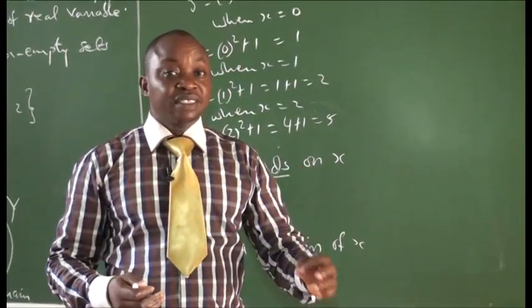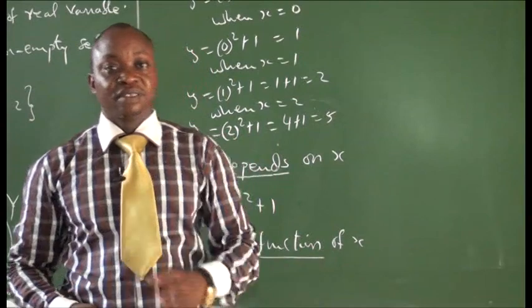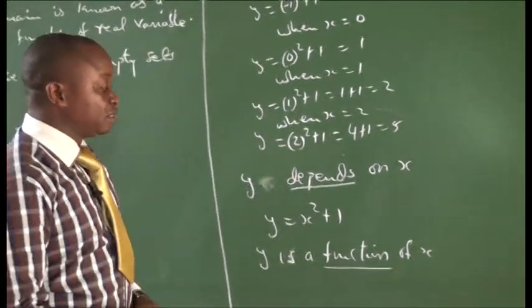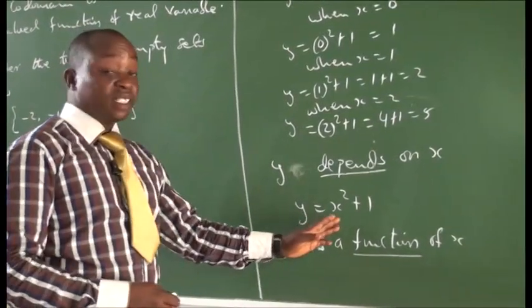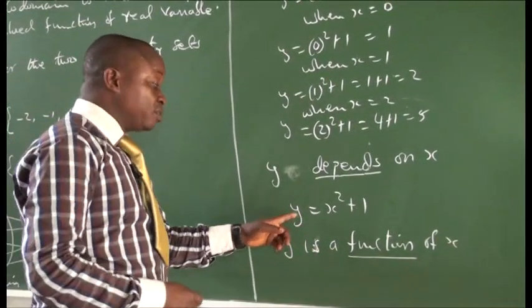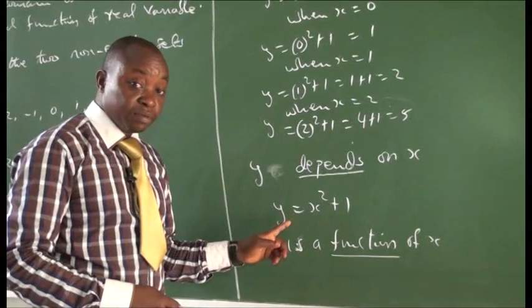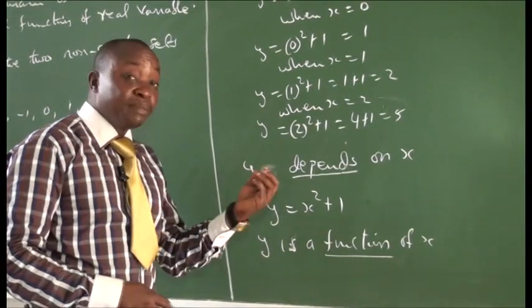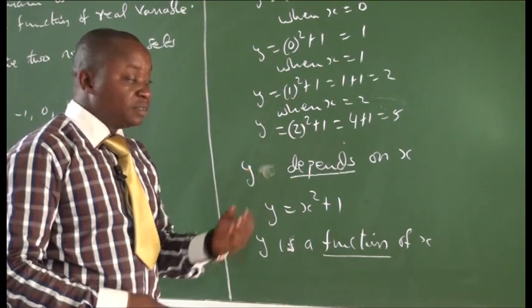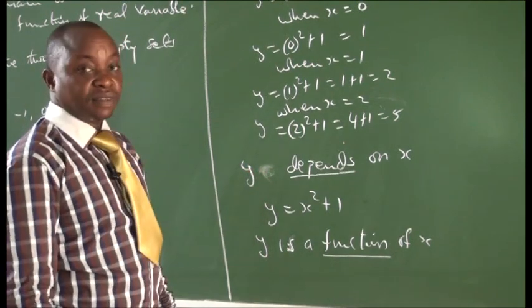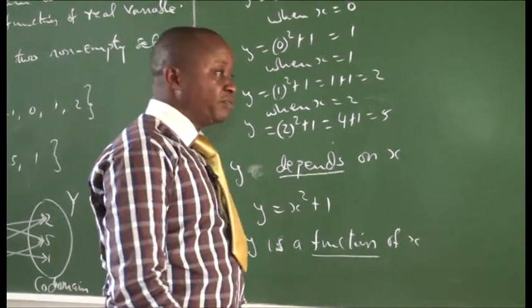So the student is a function of the parents. That is how function works. So here we have functions of real variable, because we are talking about real numbers. That is what we call functions of real variables.